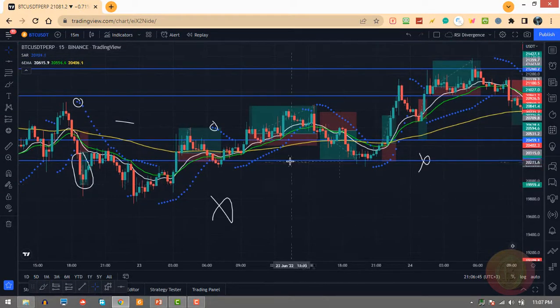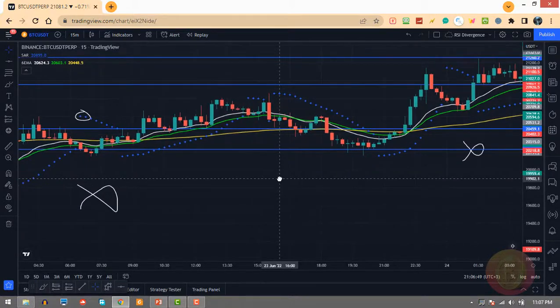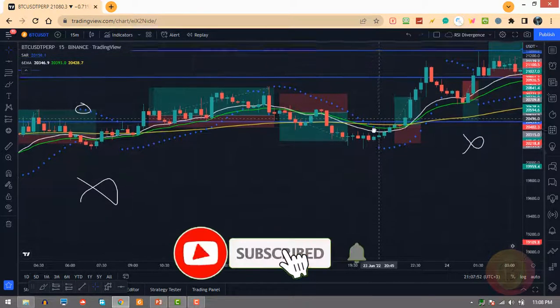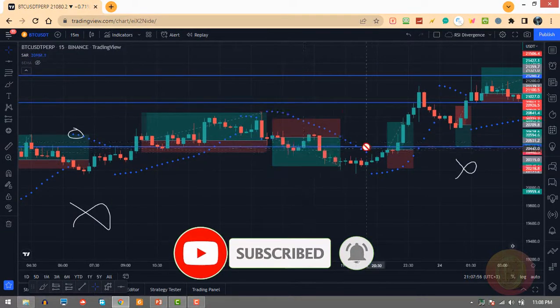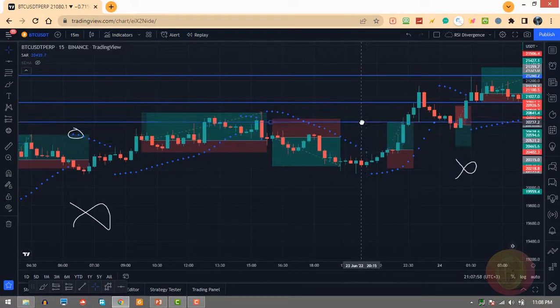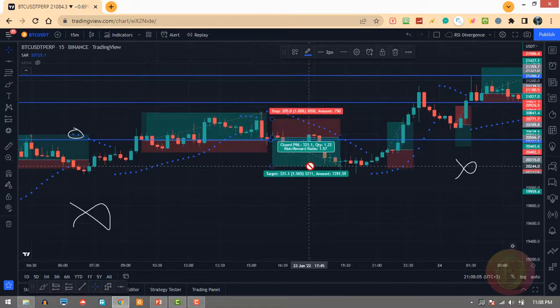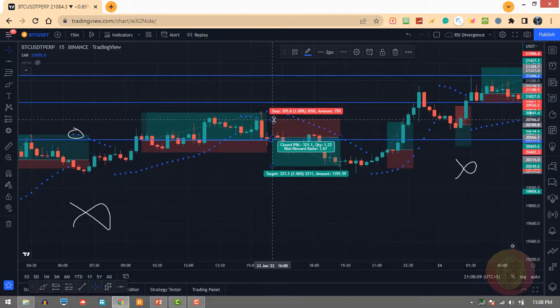So now let me show you the gift indicator for this, to eliminate further and to increase the efficiency of this system. Let me clear the chart a bit so you can see. For example, here is our short trade, which is a profitable trade.